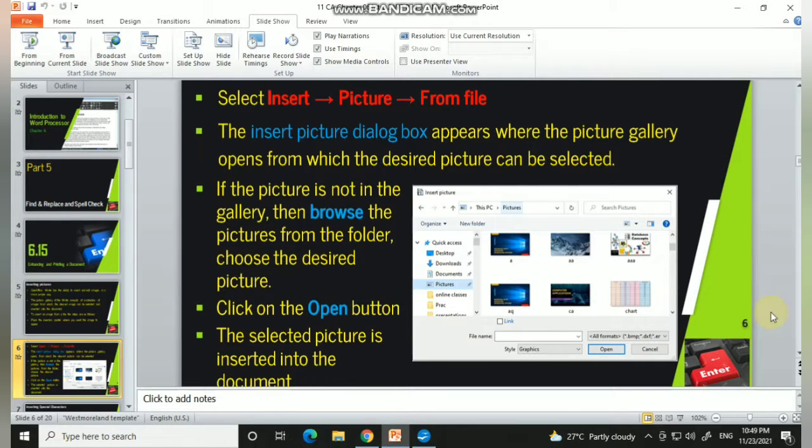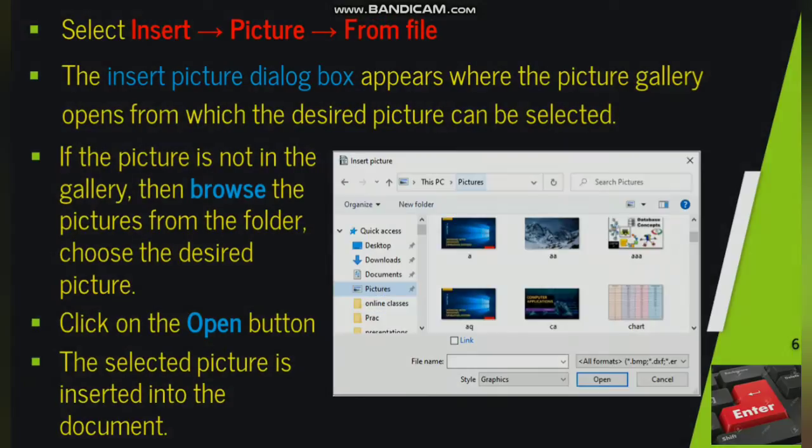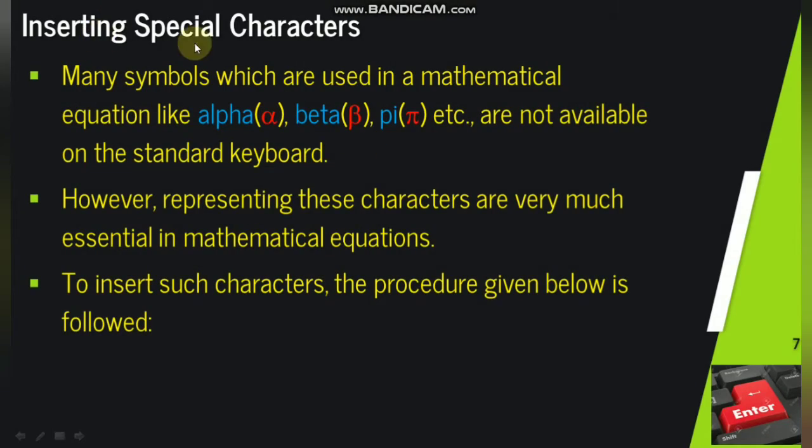Then the next one is how to insert special characters. Many symbols are used in mathematical equations, like alpha, beta, gamma, pi. These are characters which you can't type or see on the standard keyboard. However, if you want to type these characters, it's very simple in Writer.